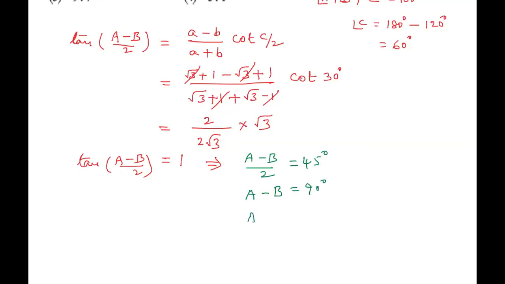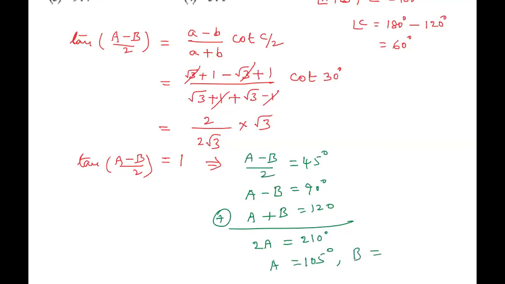Already given in the question, A plus B is 120 degrees. Now, adding both, we get 2A is equal to 90 plus 120, that is 210 degrees. Then what is A? A is equal to 105 degrees. Similarly, substitute the A value in any one of the equations, you will get B as 15 degrees.